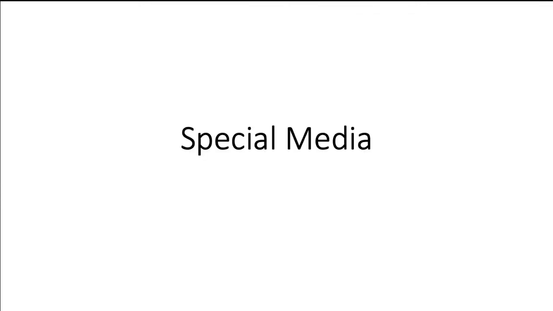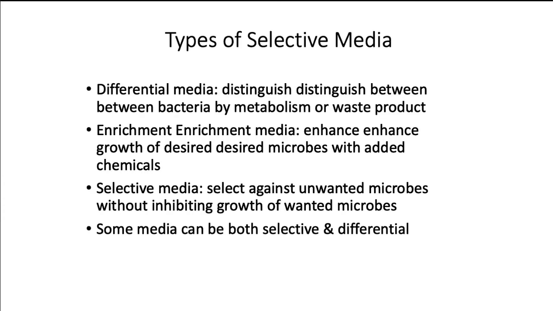So with this now, let's move on to special media, because when we're talking about streaking, you may have a very complex sample, and yes, you can thin them out and separate them using streak plates, but sometimes you know what you want, and you are looking for a specific group of bacteria, so you can speed up the whole process.